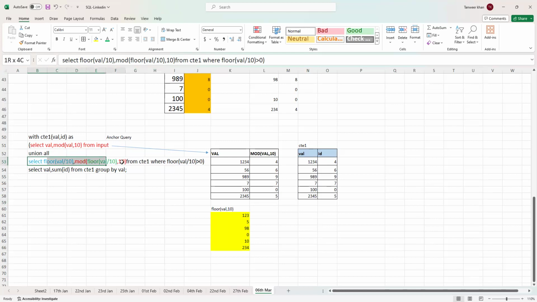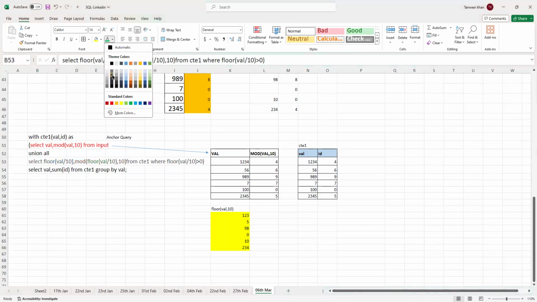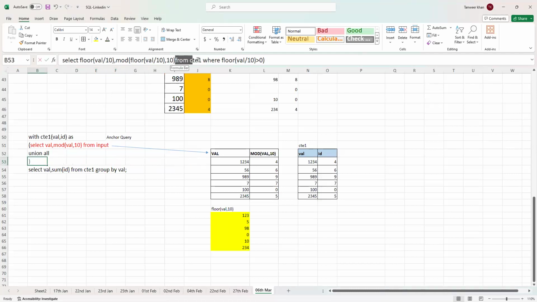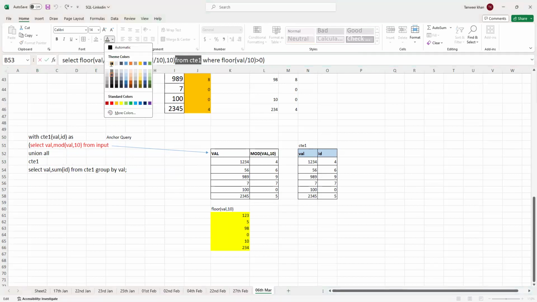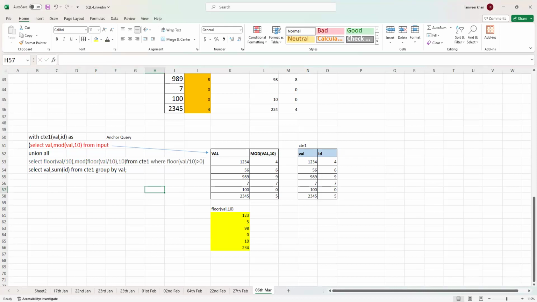Okay. So in this query as well, first of all we will execute the from keyword. Now in from, which table are you referring to here? CTE1. After from, which keyword will you execute?